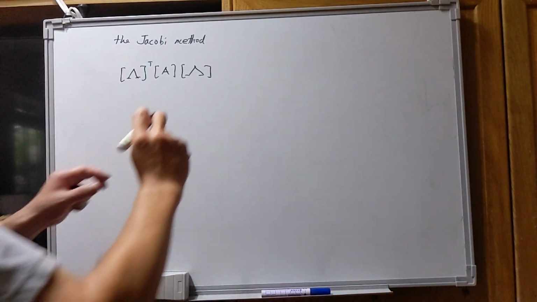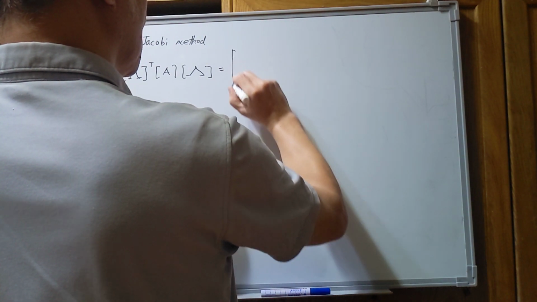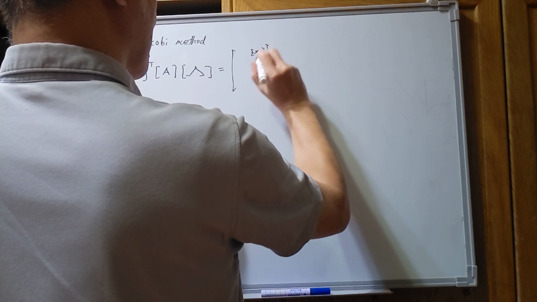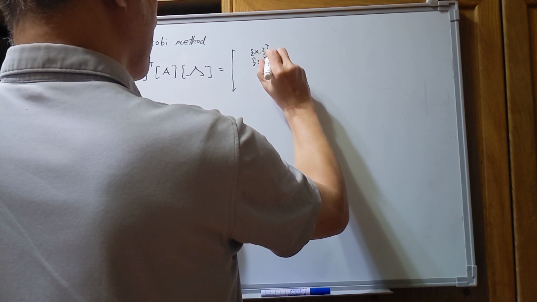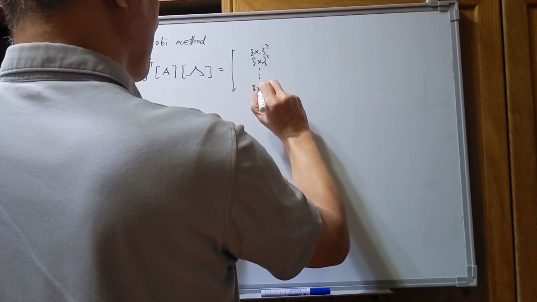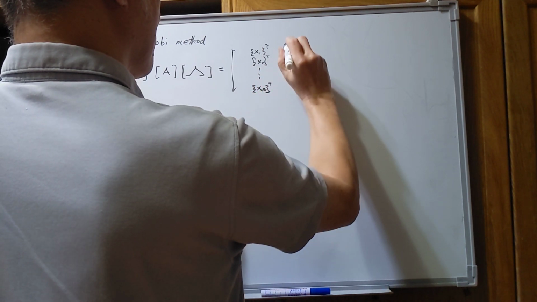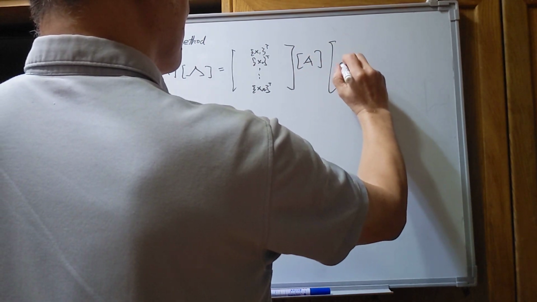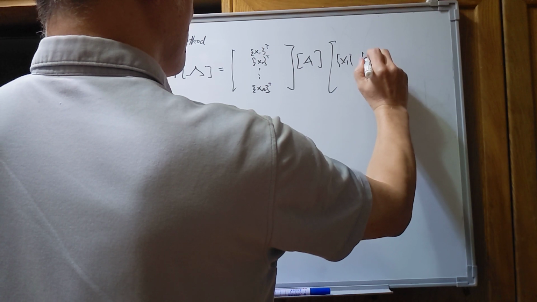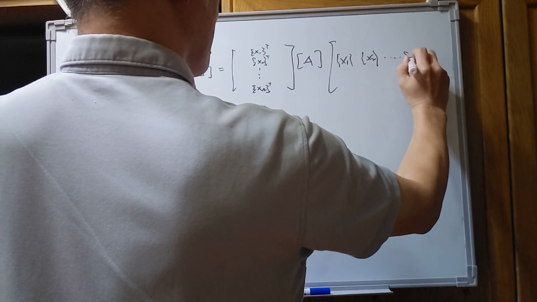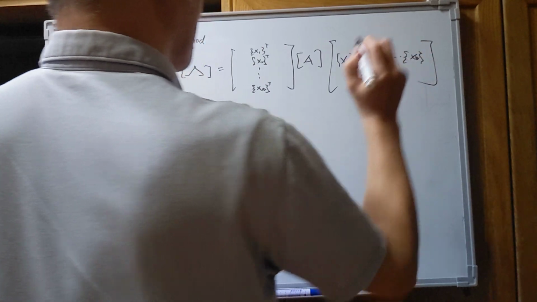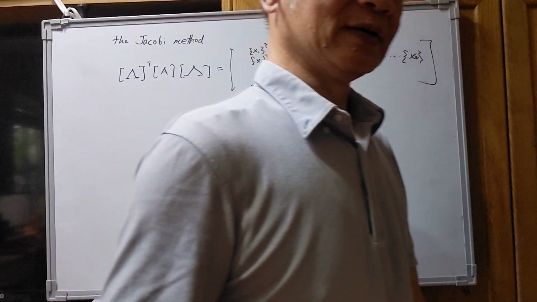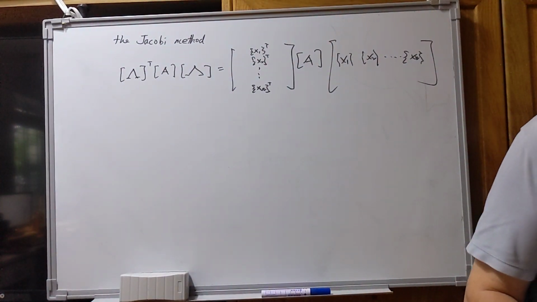Okay, so in this matrix, that's the lambda transpose times A matrix times the lambda matrix.